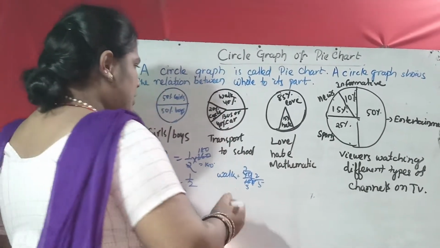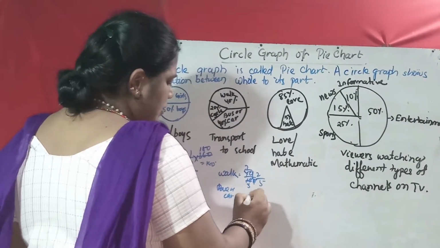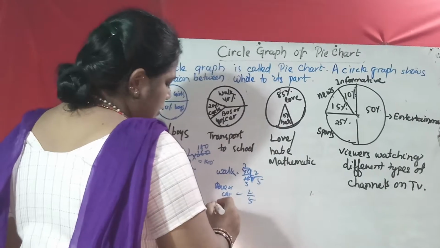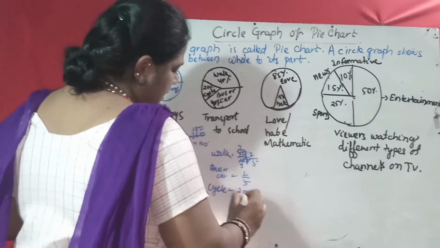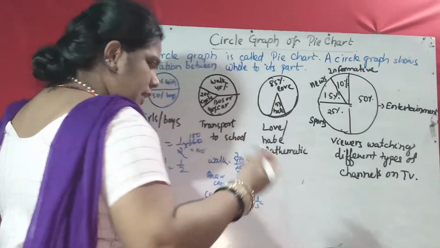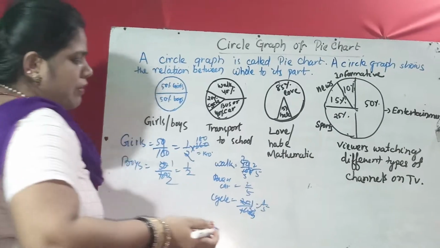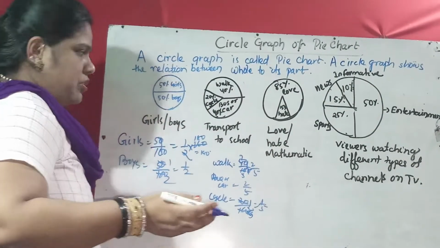Bus or car also 2 by 5. Cycle proportion is 20 by 100, that is 1 by 5. Degree also same thing, 2 by 5 of 360, 2 by 5 of 360, 1 by 5 of 360.